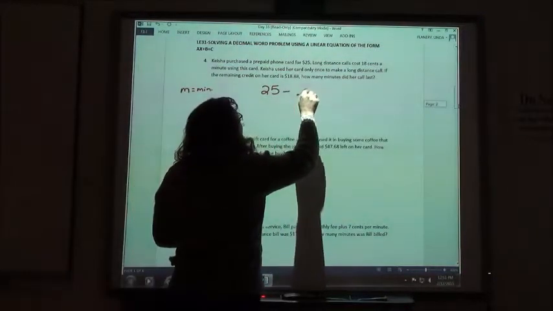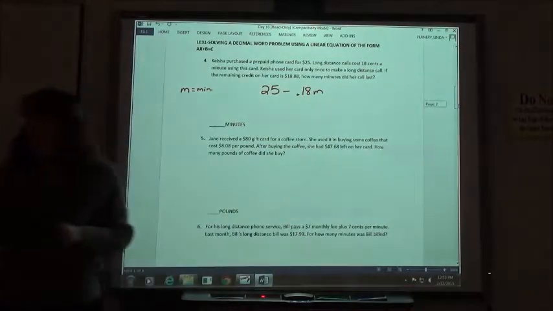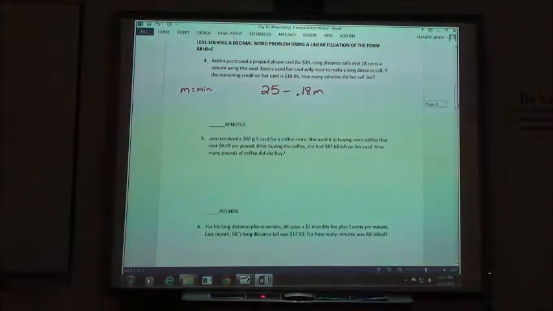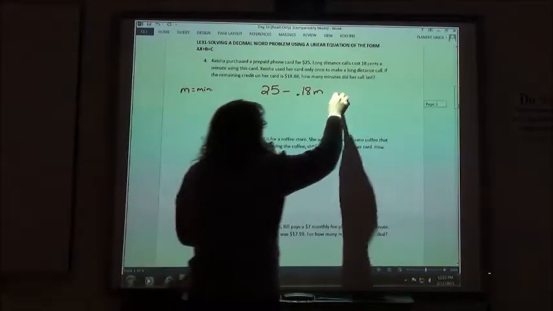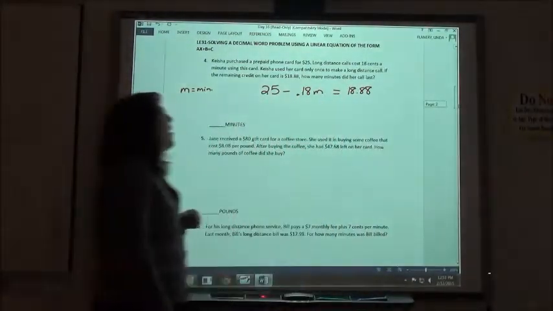I'm going to take 18 cents times the number of minutes I talk on the phone. Right? If I talked on the phone for 10 minutes, I'd have to take 18 cents times 10 minutes to figure out those charges. After I talked on the phone, I had $18.88 left on my card.